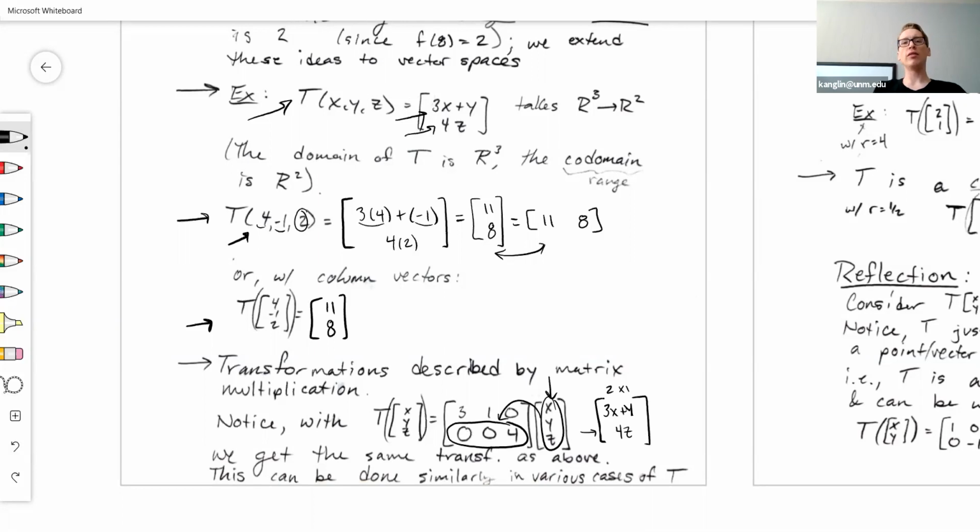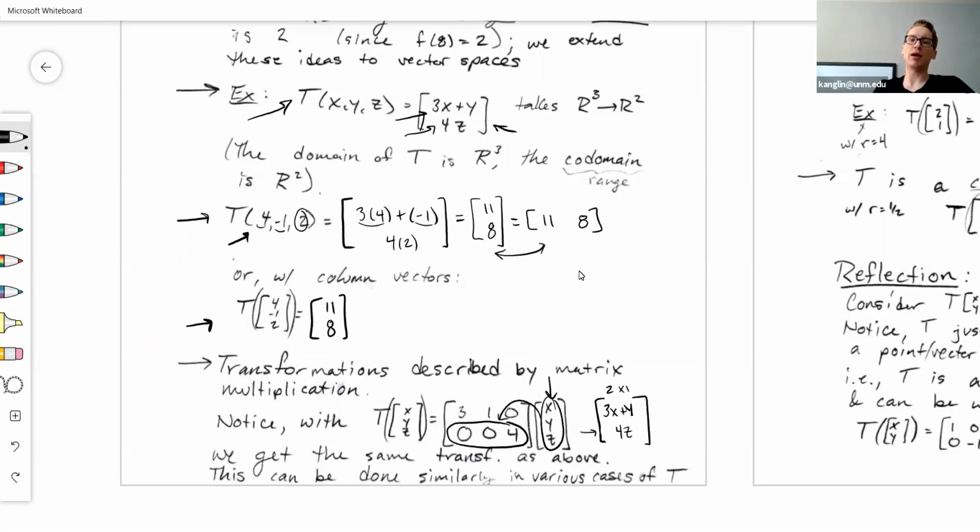So somehow this output that we had our T defined in terms of before, up here we just said T is this column of 2 entries here in terms of the x, y, z that you input. But here we saw we could write the exact same function as a matrix multiplication on the input column vector. And the result is that same exact output, 3x plus y, 4z.